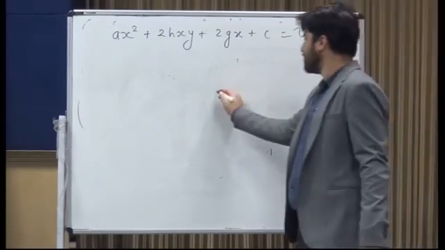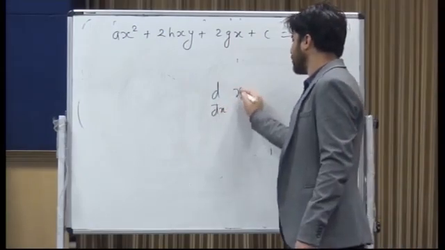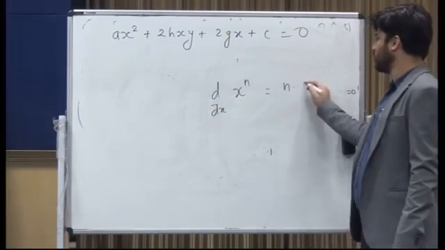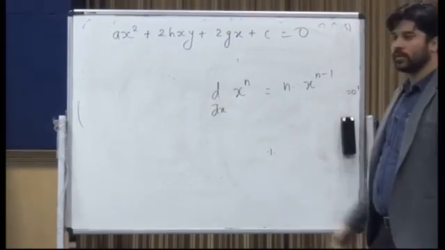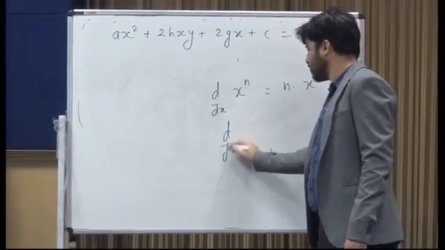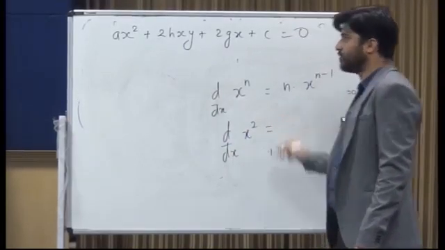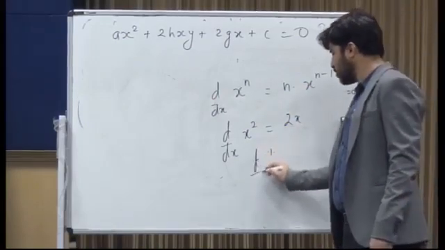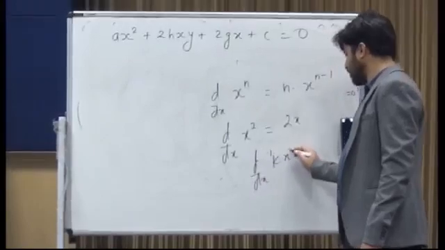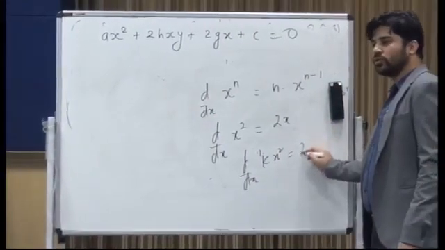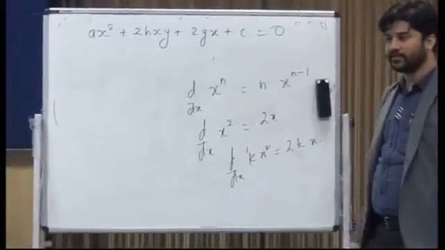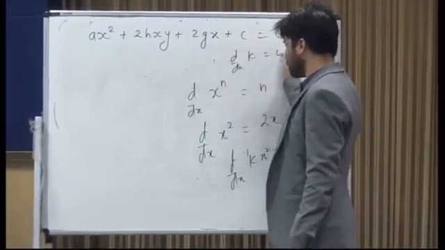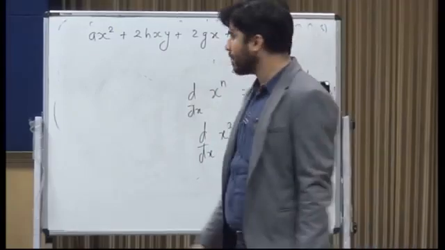What is d by dx of x to the power n? n into x to the power n minus 1, है ना? d by dx of x square क्या होता है? 2x. d by dx of kx square क्या होता है? 2kx. कांस्टेंट अलग हो जाता है, राइट? ओके, आपको ये भी पता होगा d by dx of constant is 0. ये भी पता होगा, राइट?